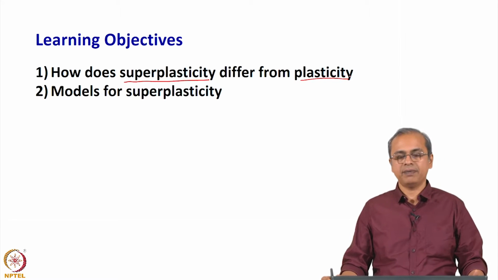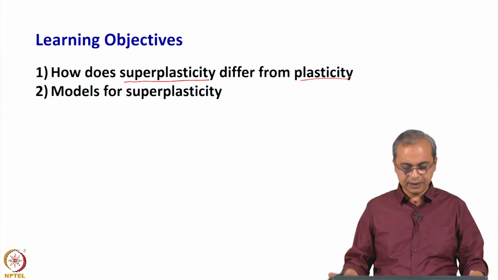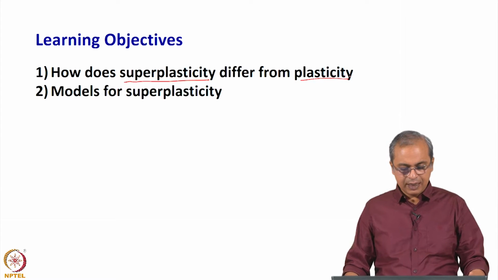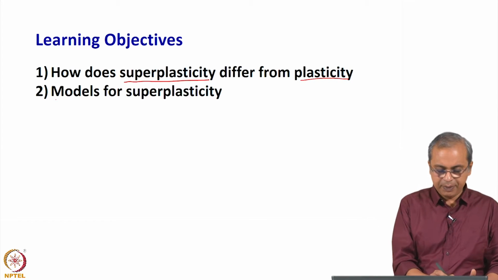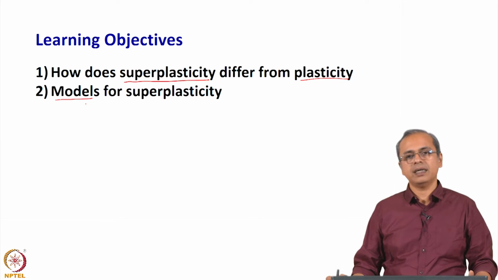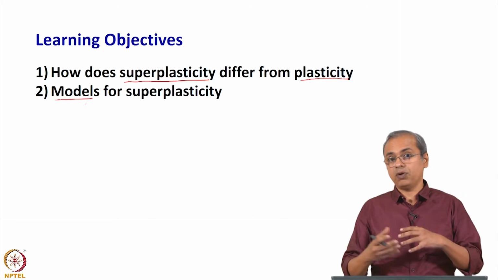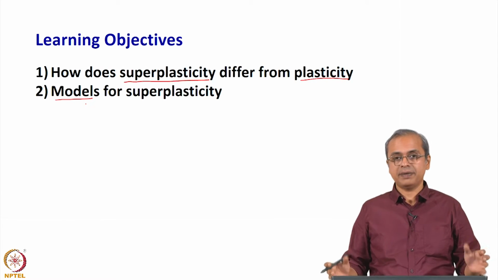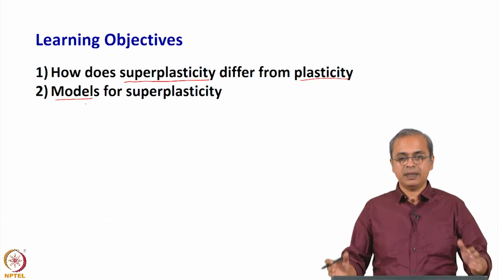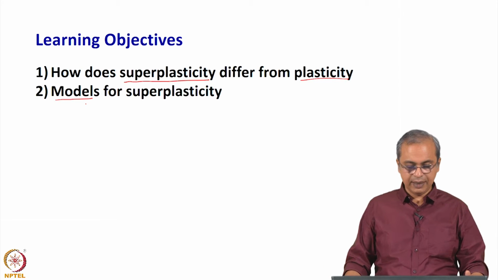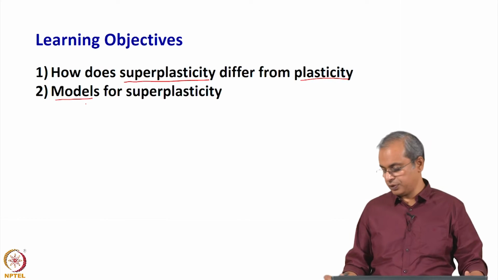So that is something that we want to spend some time trying to understand. I would also like to look at some models that people have proposed for superplasticity. How is this phenomenon happening at the material level that you see something at a macroscopic level. So this is the idea that we would like to pursue.